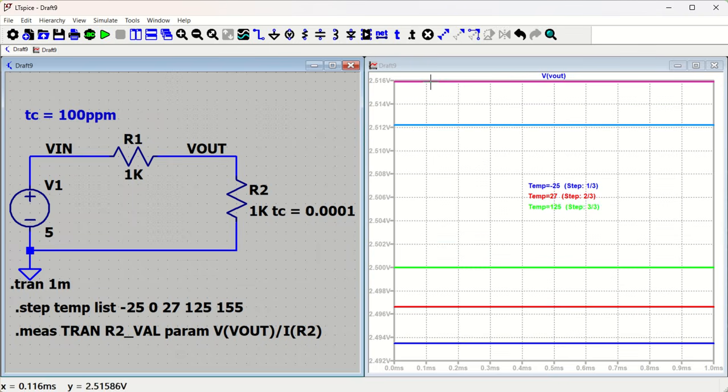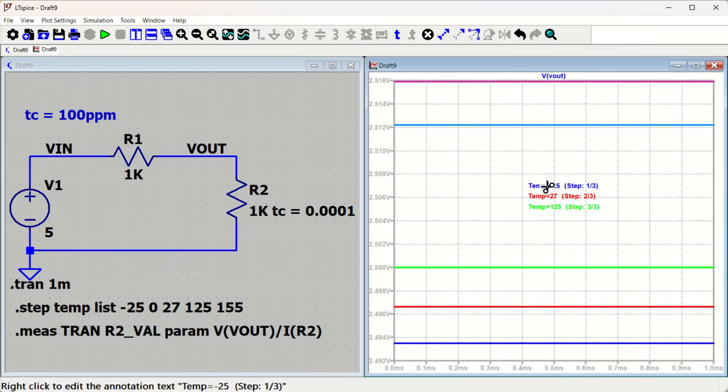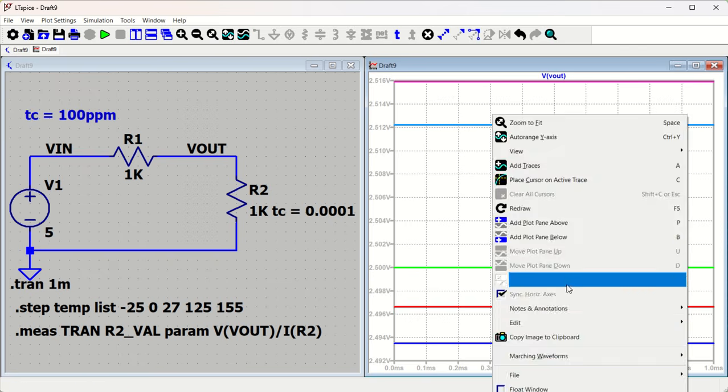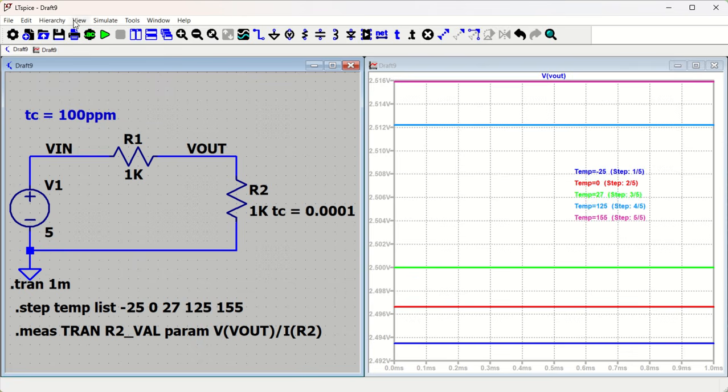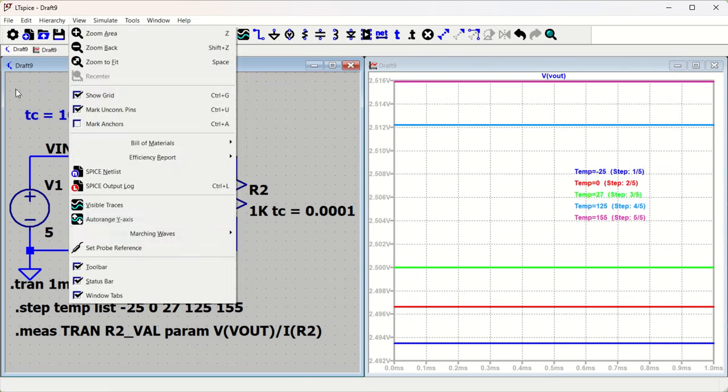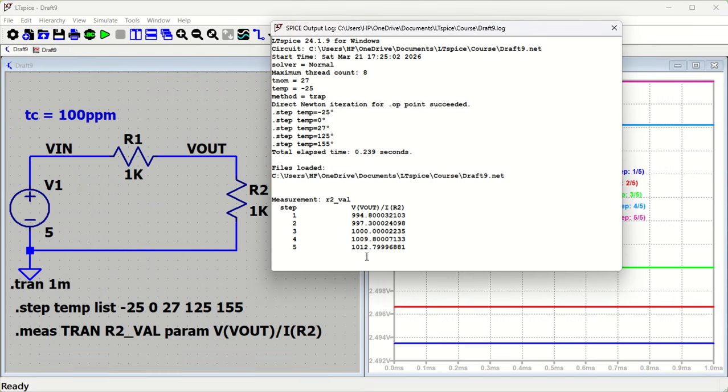You can see the other value at 155, this one I'll have to delete, and the annotation will be the other thing, right? So put the annotation. So this orange color is more than 2.512 also, right? And the resistance values, if you want, you can see quickly. Go to views, SPICE log, and you can see it has increased to 1012.8.